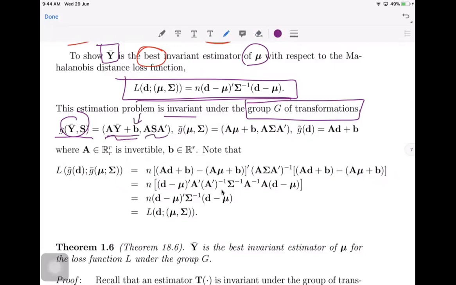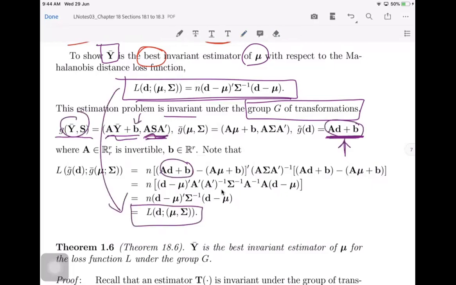And then if you do that, this is what will be happening in your covariance matrix. Naa moy ASA prime. So dinhilang na transformation, kining AY plus B. Ingani lang pag-transform nimo sa imong estimator. Because if you have this transformation or this translation here, it will go back to the original loss function, which is this one. So that's why it is invariant.